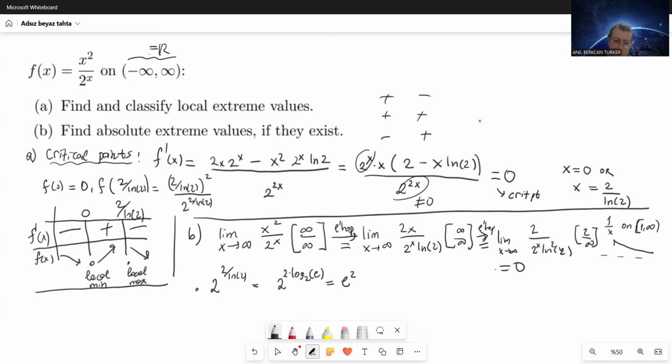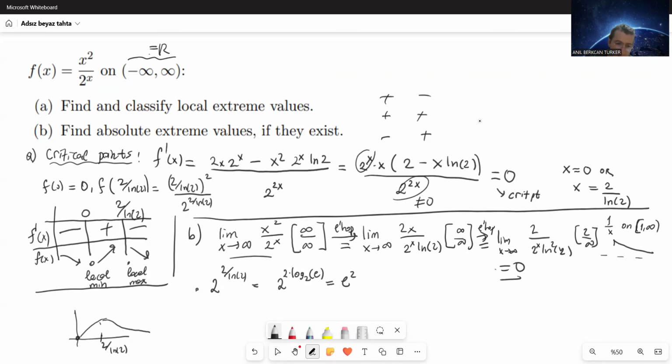Hmm. So I have some graph. It takes 0 at 0 and goes to some local maxima at this point, 2 over ln 2. Then after that point, it goes to 0 again because of this limit, right? I have just calculated.